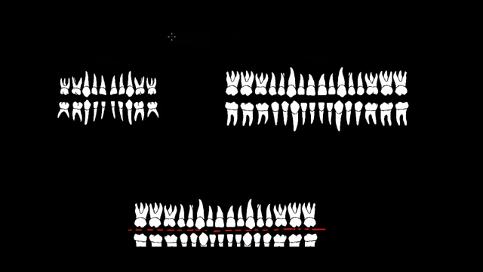I'm going to first start by defining the term dentition. The term dentition refers to all the teeth in the mouth. Humans have two different types of dentition throughout their life: the primary dentition and the permanent dentition.